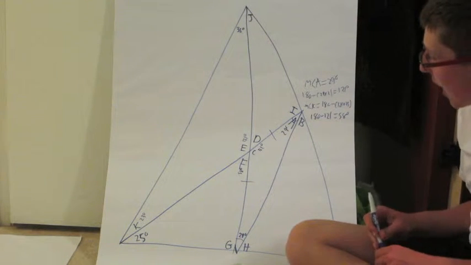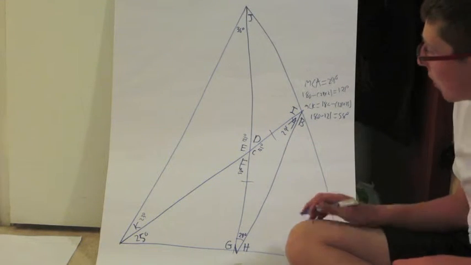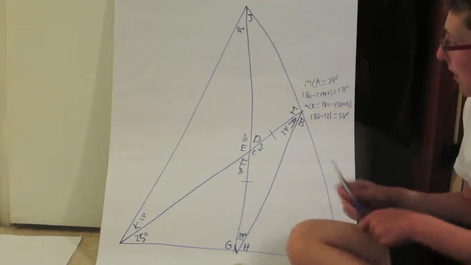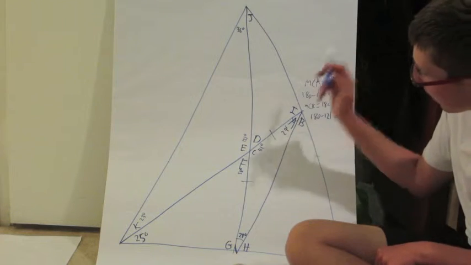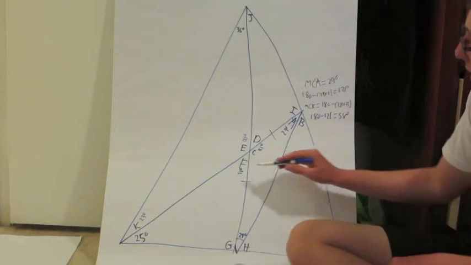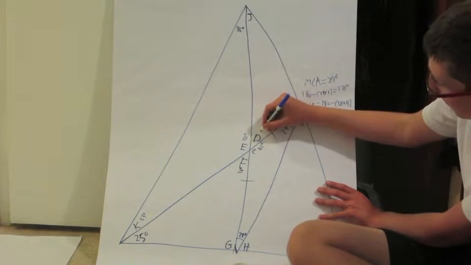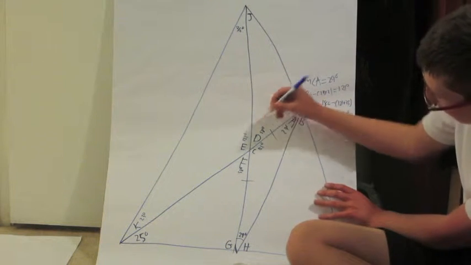Then the next measure that we can solve is angle D. We can solve angle D because angle F is a vertical angle from angle D. So angle D would also be 58 degrees because of the vertical angle property.